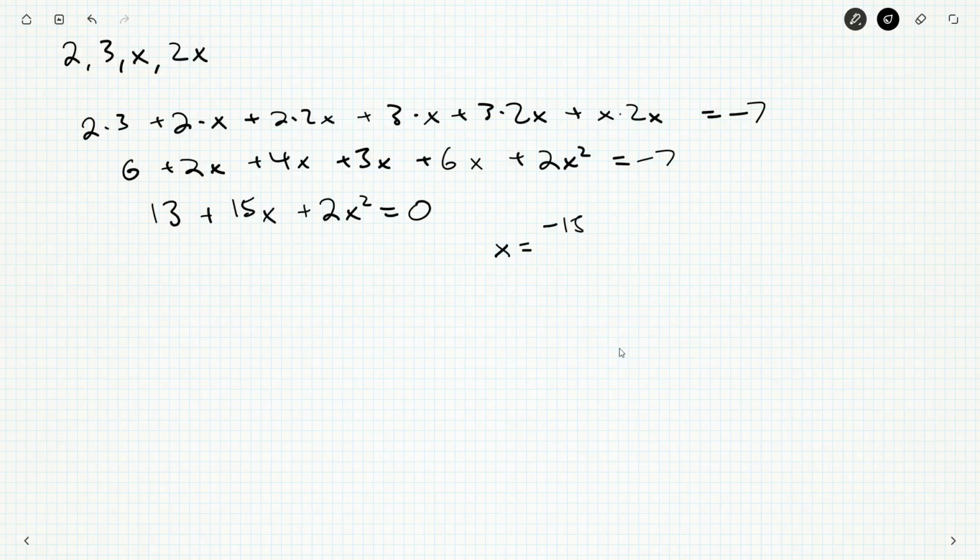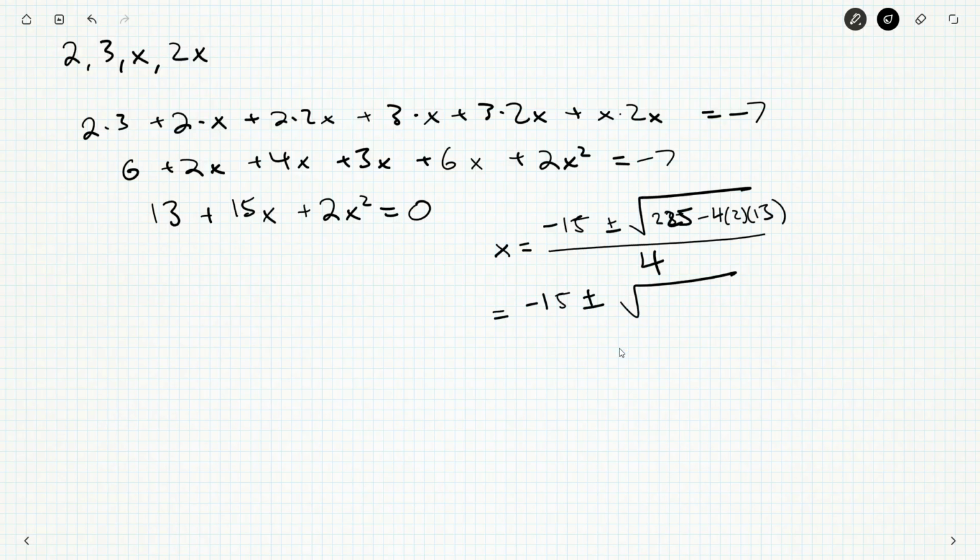So -b plus or minus the square root of b squared minus 4ac, all over 2a. So that's -15 plus or minus the square root of 4 times 13 is 52, because there's 52 cards in a deck, 4 suits, 13 cards in each suit. And then 2 times 52 is 104.